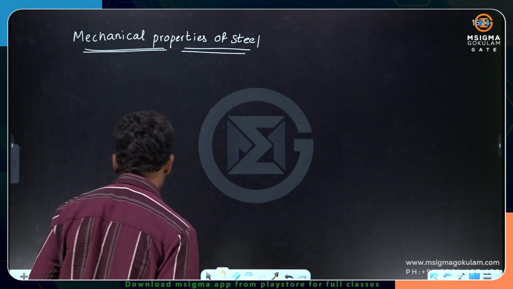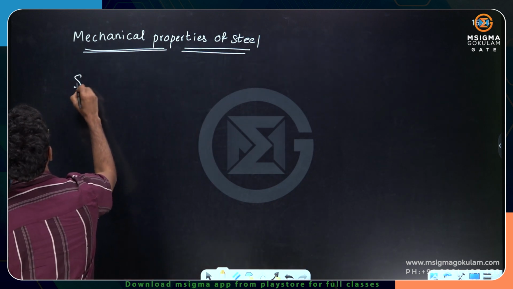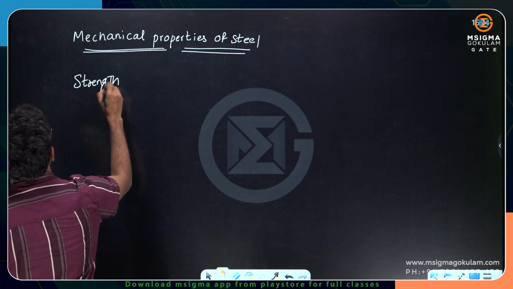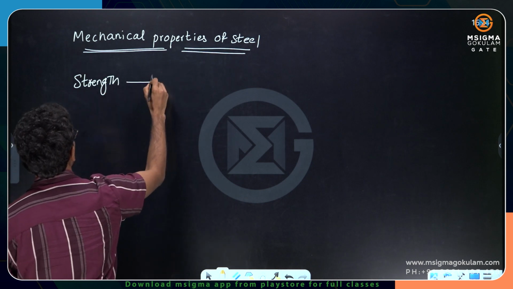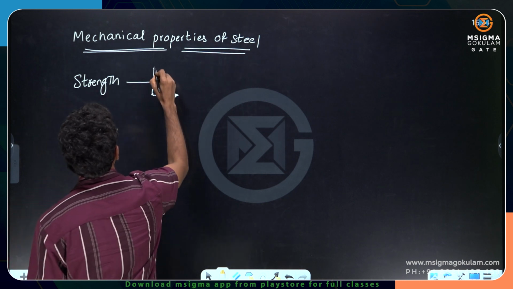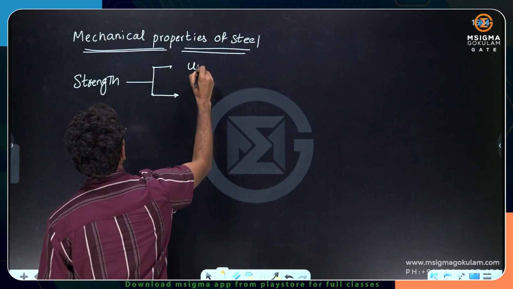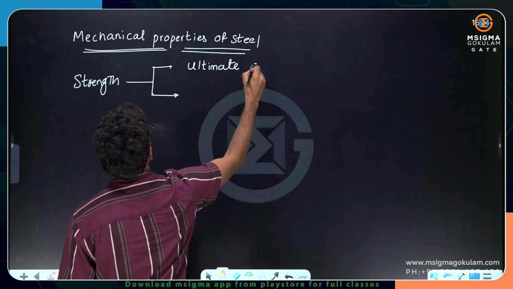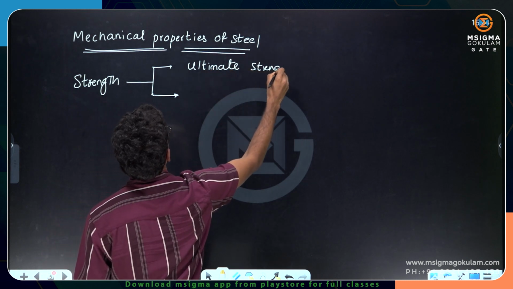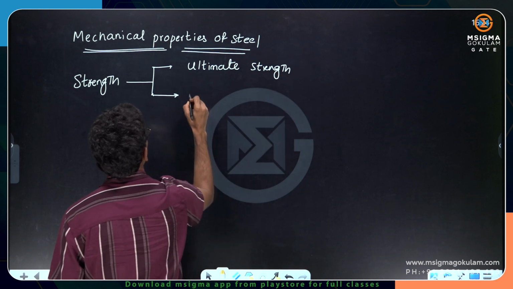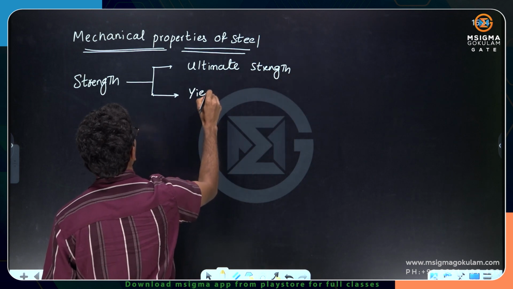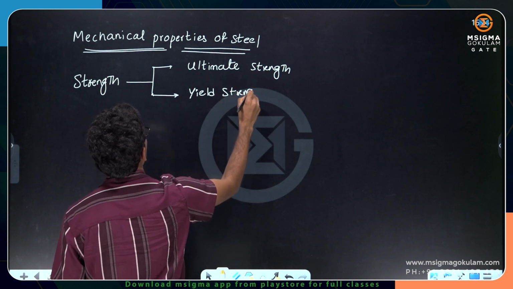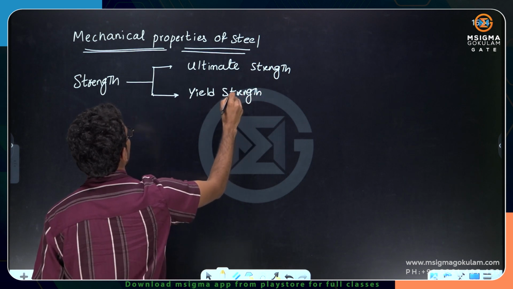So, strengths are of two types. One is the ultimate strength. The other kind of strength is what we call the yield strength. Two things are there: one is the ultimate strength, the other one is the yield strength.